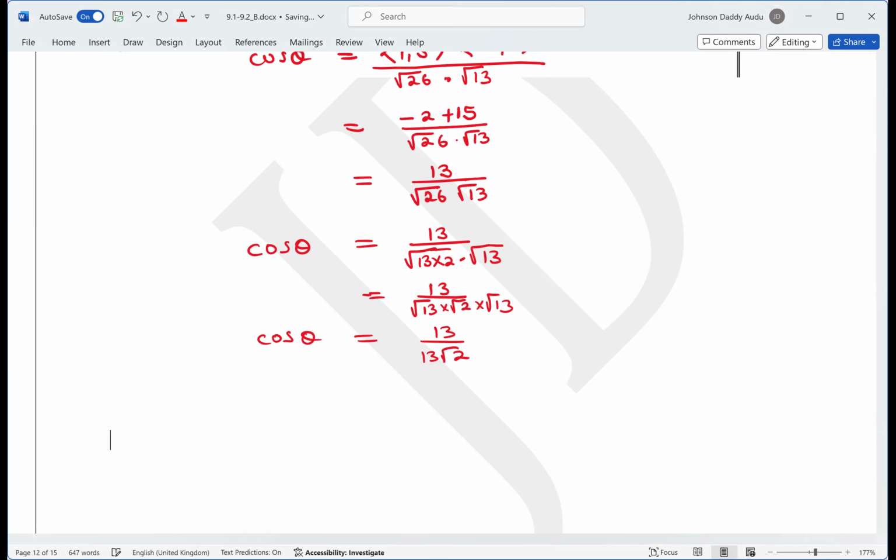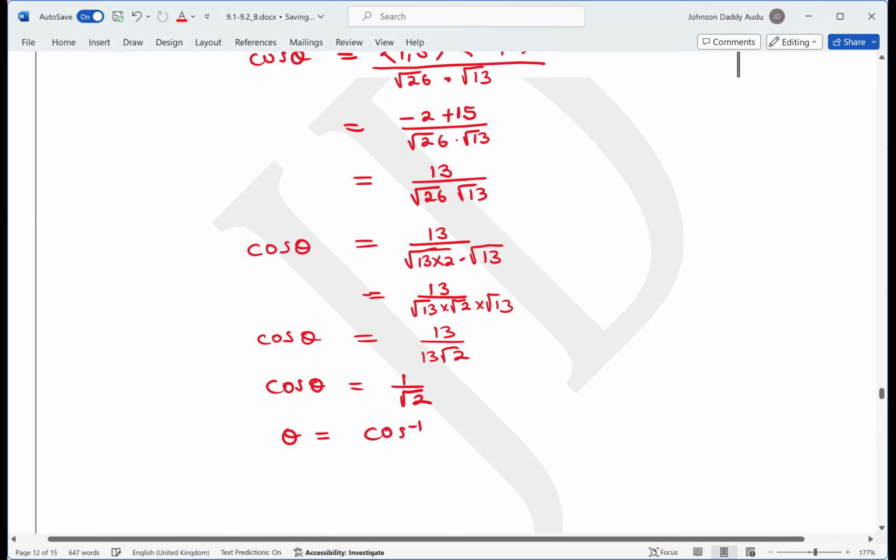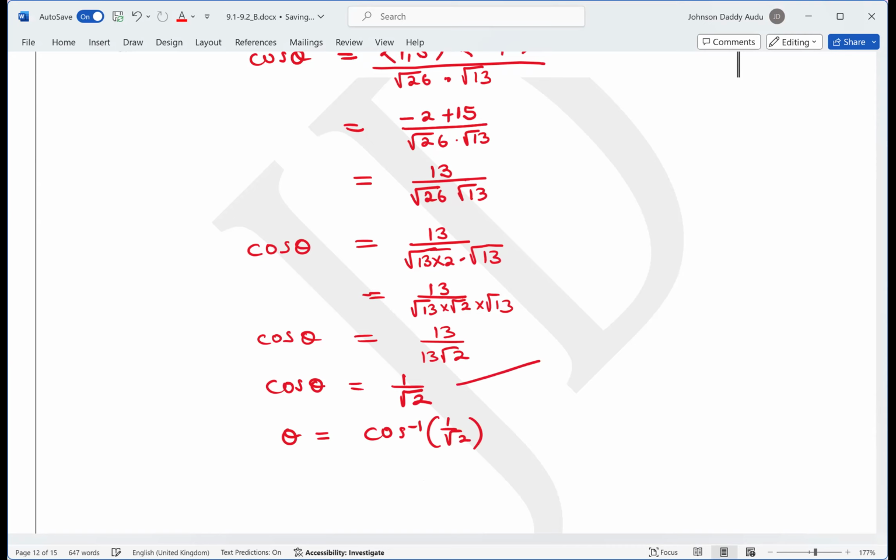Okay. So this means that cosine theta is just 1 over what? 1 over root 2. And now you see that theta is going to be cosine inverse of 1 over root 2. So we use what we did before. Cosine is positive in the first or in the fourth quadrant.